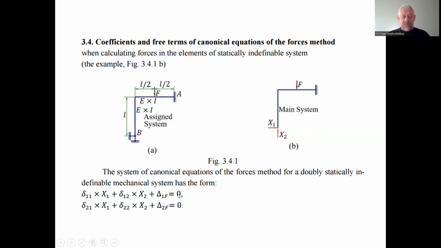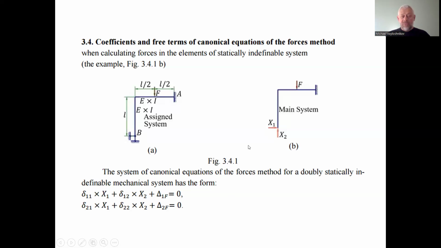So this is the equality to 0 of the displacement in the point B, when we cut off the horizontal link, in the horizontal direction.